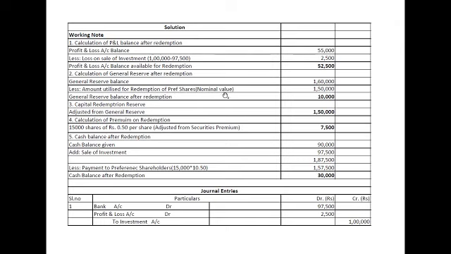So ಈ ಪಾಯಿಂಟ್ ಅನ್ನು ನೀವು ತುಂಬಾ ಗಮನದಲ್ಲಿ ಇಡಬೇಕು. Even though redemption is done at a premium, the premium is adjusted through securities premium account. Only nominal value of redemption of preference share capital is utilized from general reserve.